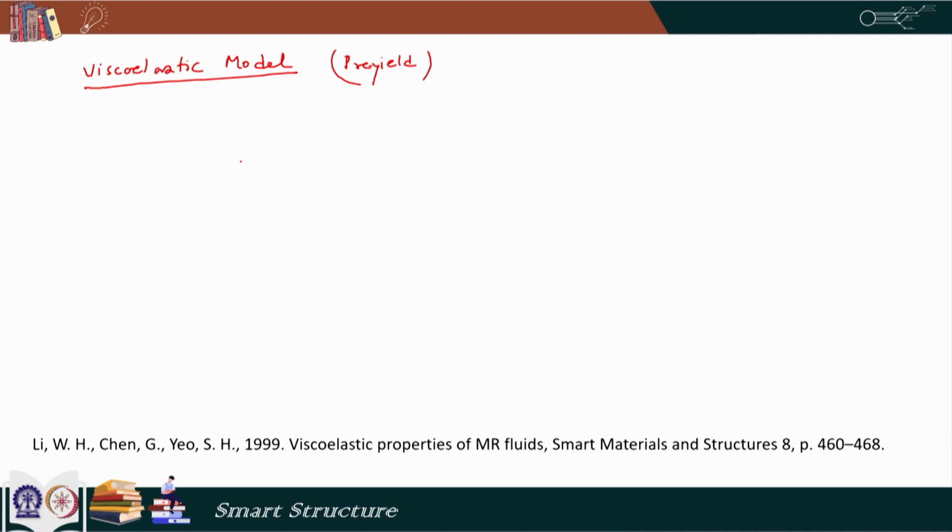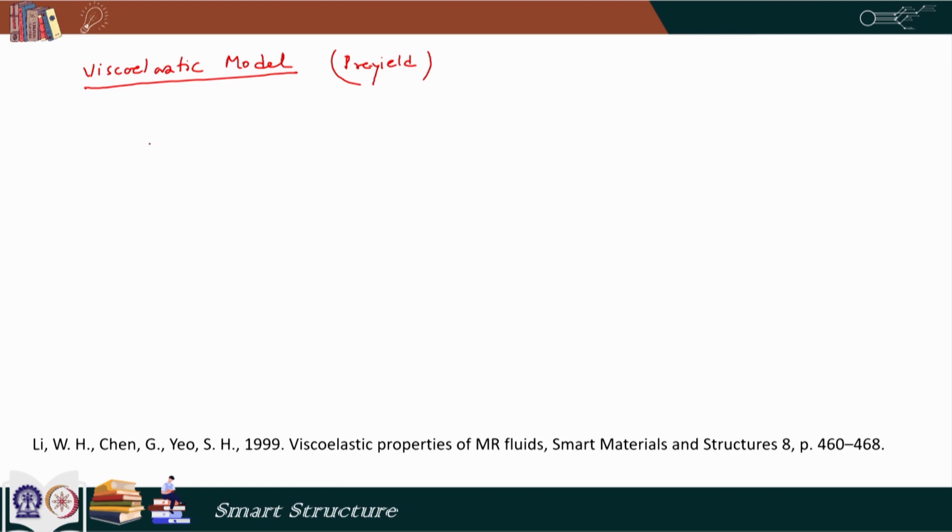The shear stress is proportional to shear strain, so that is linearly elastic, and in a viscous material the stress is proportional to the strain rate. In this case we see both rate dependence as well as dependence on the value of the stress. So, it is a combination of linearly elastic and viscous behavior.